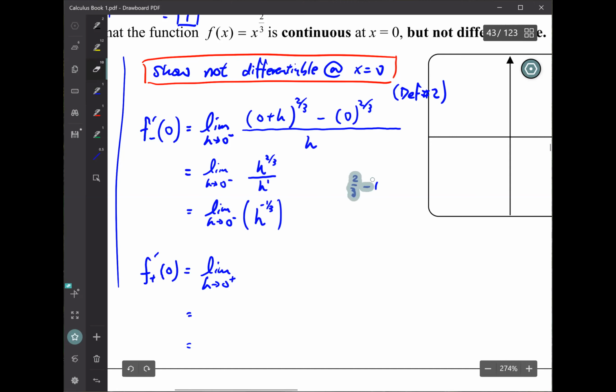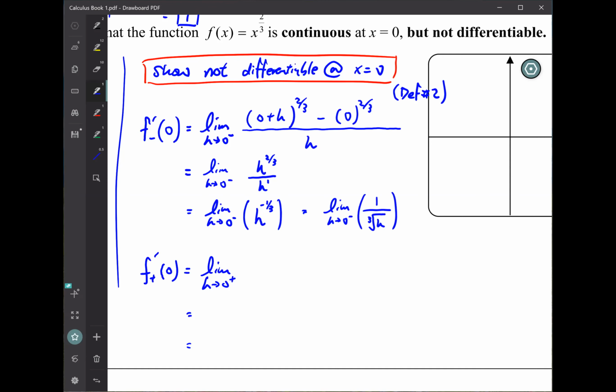Now let's see, it doesn't matter which side it comes from. Well, actually it does, right? Let's see what it looks like now. It becomes the limit as h approaches 0 from the left. -1/3 means 1 over the cube root of h.